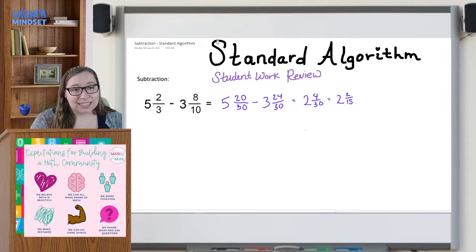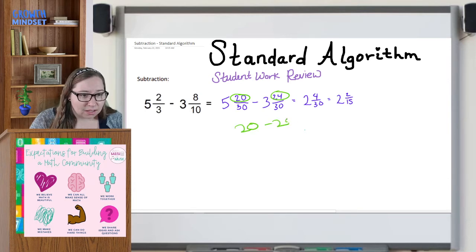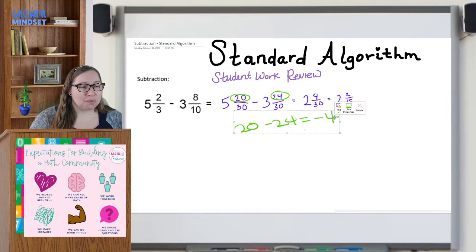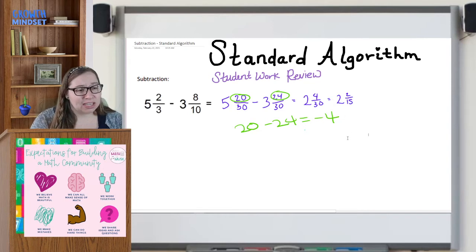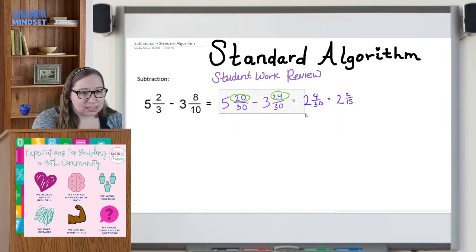All right, so that's good. But here's the issue. Let me grab my pen and we're going to figure this out. So notice that 20 minus 24 would give us a negative number. And that's not quite right. In order to avoid negatives and messing up our whole equation potentially, this is not quite the way to do this.